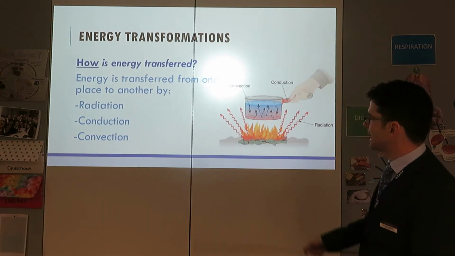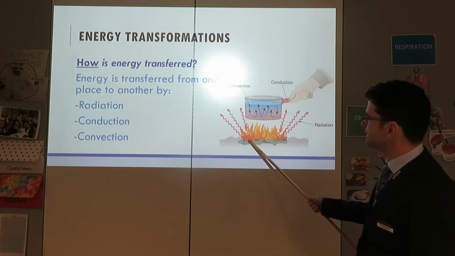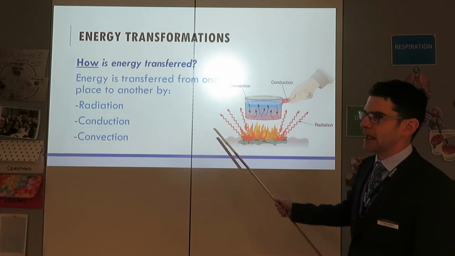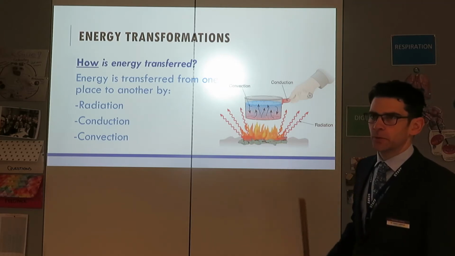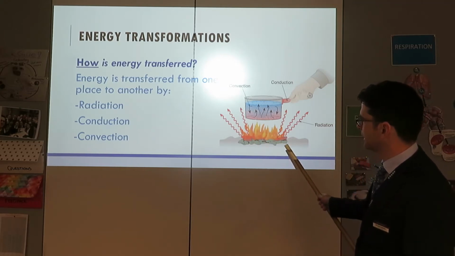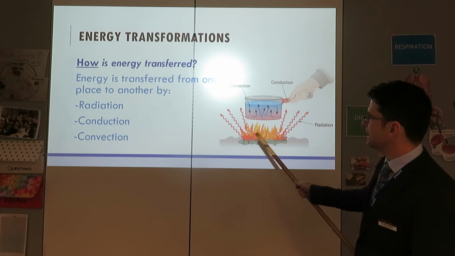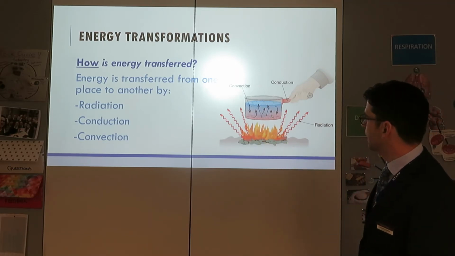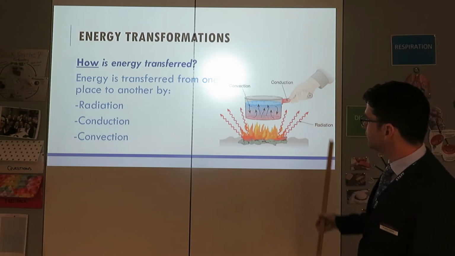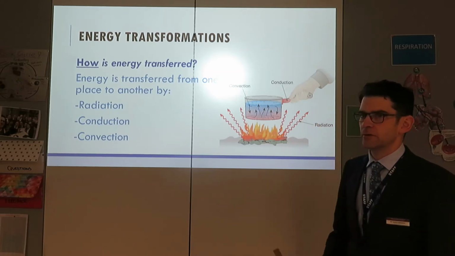For example, radiation: we have heat radiating out in all directions from a chemical reaction between carbon and oxygen in the fire here. That heat is then transferred into the metal of the pot, which then is transferred into the water.